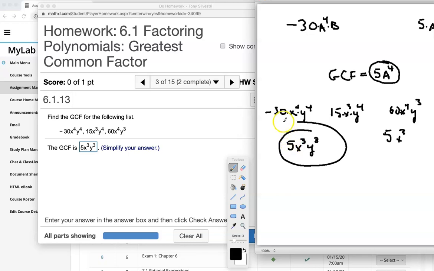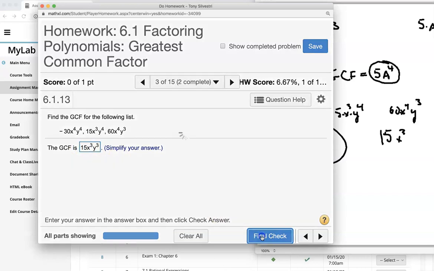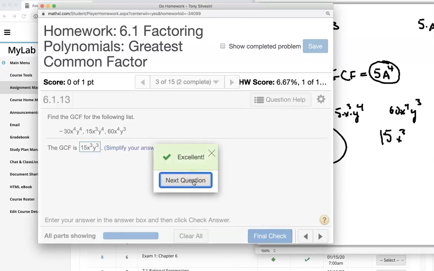It's not the biggest. If you look at the numbers 30, 15, and 60, the biggest number that goes into 30, 15, and 60 is the number 15. And in this made-up case, this would also be 15. That's the correct answer. I'm sorry about that. Final check. Great. Excellent. There you go.